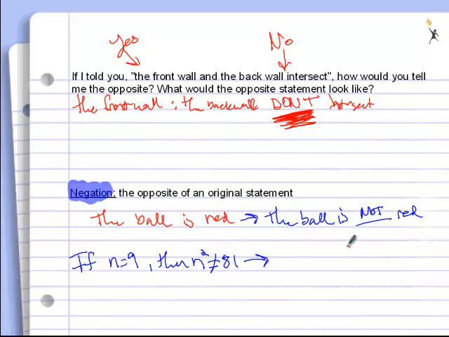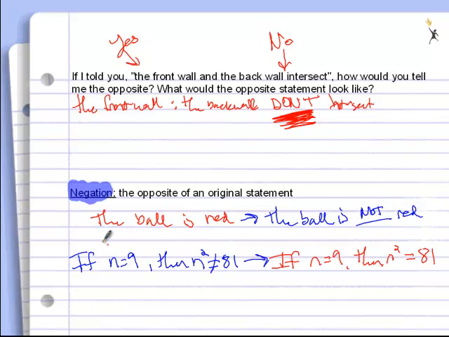So when we negate it again, or write the opposite of it, it becomes like a positive statement. We take out that negative part. If n equals 9, then n squared equals 81. Go back to the ball. If I told you the ball is red, you would tell me the opposite by saying the ball is not red.